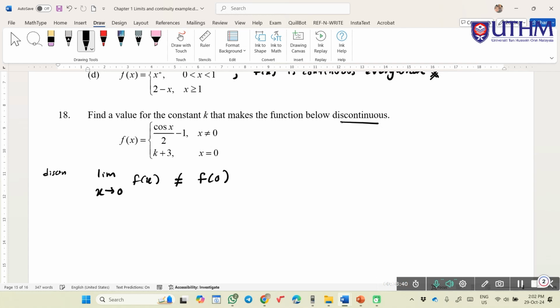So we just substitute when x approaches 0.